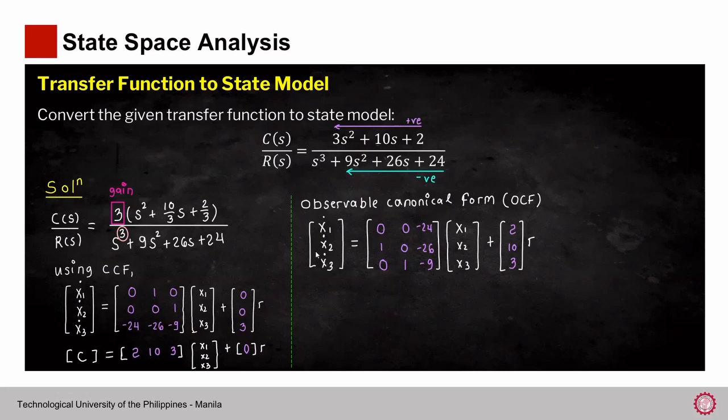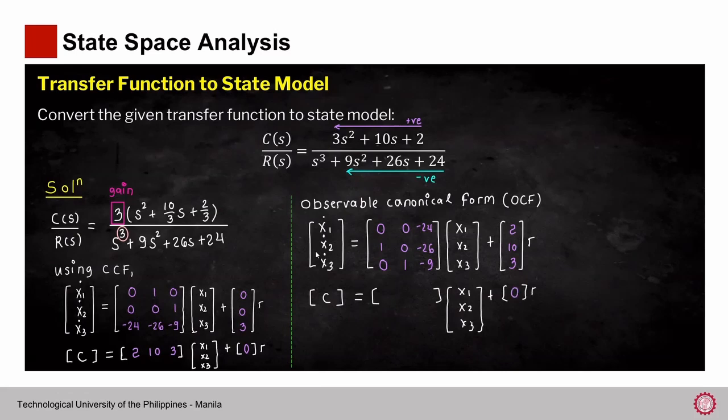Now for the output of the observable canonical form, this is C. What happens is the one from the controllable canonical form earlier, this is x1, x2, x3. Again, the feed-forward matrix for the observable canonical form is also 0.